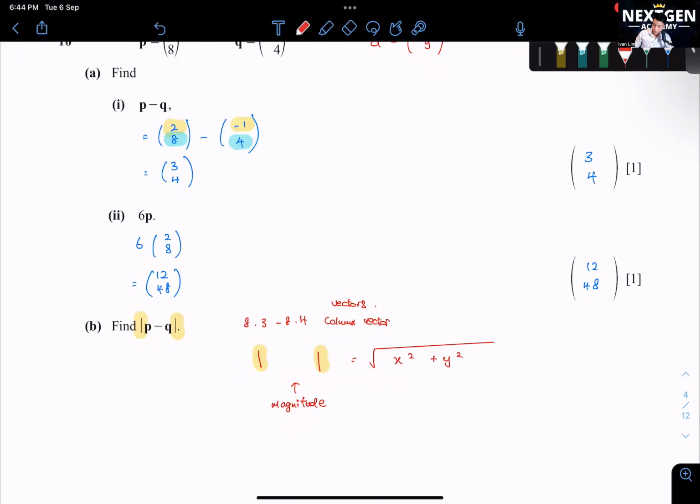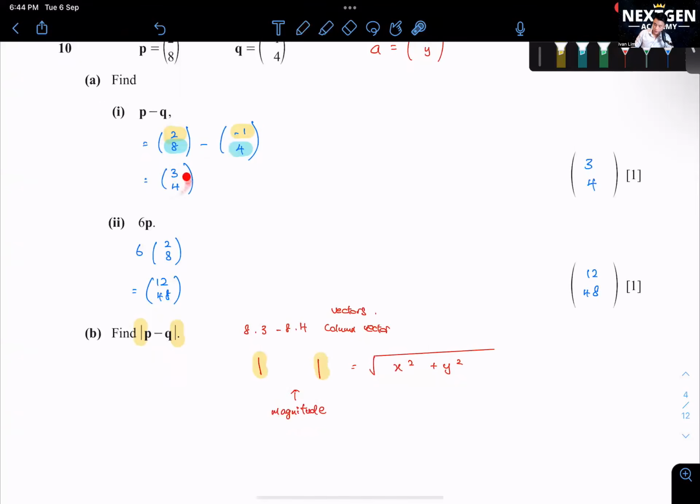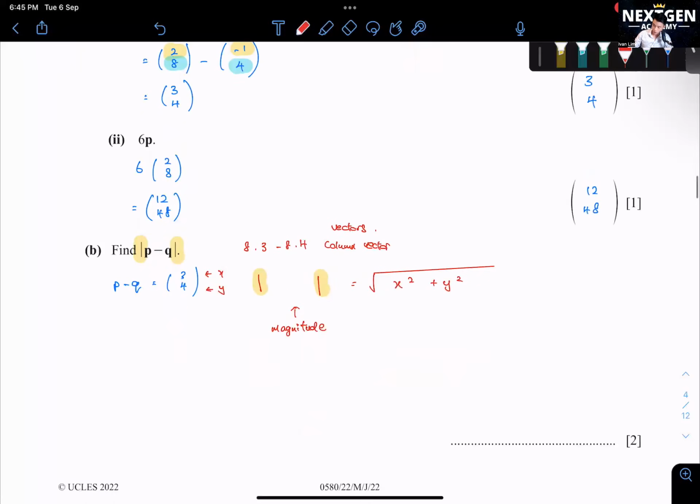We found P minus Q above is actually (3, 4). This is your X value. This is your Y value. So the only thing I need to do is find the magnitude of P minus Q. We just put in the formula. You need to memorize this formula, which is 3 squared plus 4 squared.